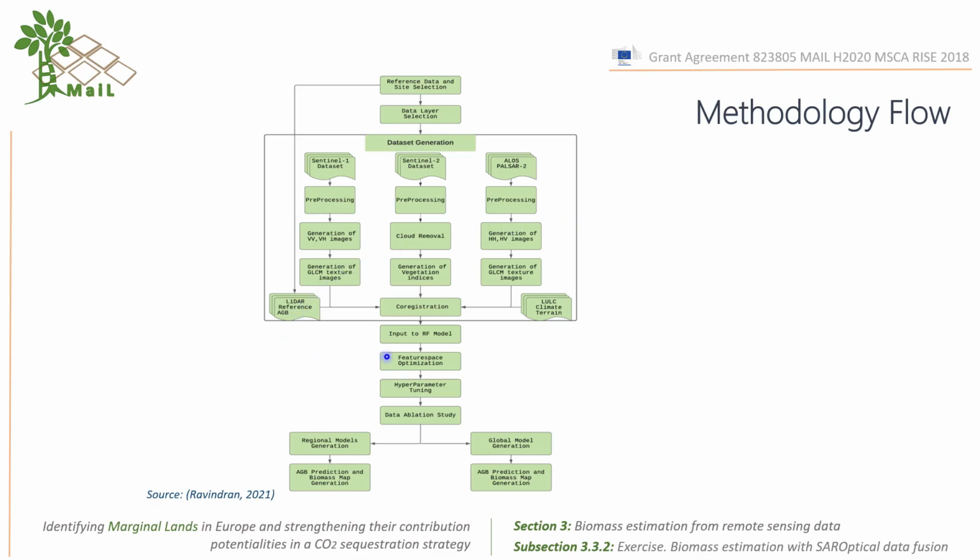From there, you have the input to be generated, for which we want to use GEE to generate for the random forest model. We have the feature space optimization we talked about, hyperparameter tuning, data ablation, then you come to the regional models, and at the end you have your predictions. So this workflow can be used to estimate biomass from optical sensing and SAR data.